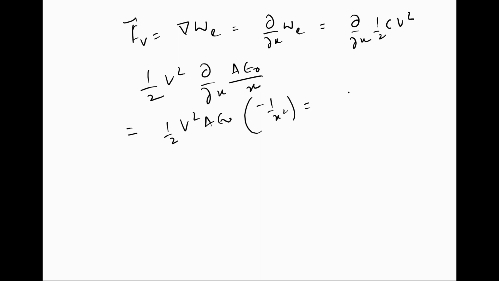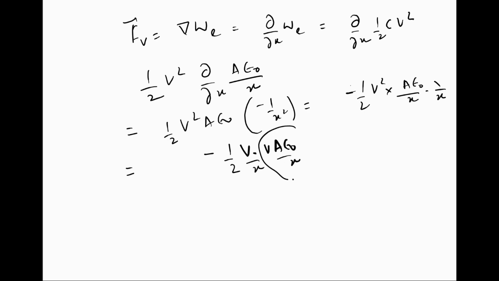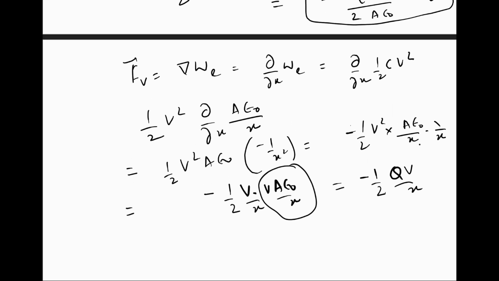So it is minus 1 by 2 V square into A epsilon naught by x into 1 by x. So this is CV, so it is equal to minus 1 by 2 QV by x.